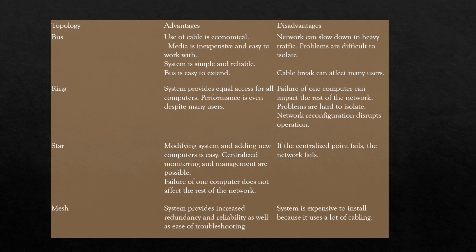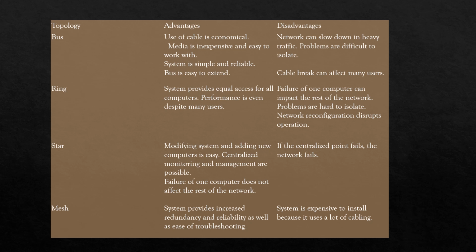The advantages of star topology: centralized management and monitoring. Troubleshooting is easiest in this. Failure of one computer does not affect the rest of the network. But the main disadvantage is that if the centralized point, that is your hub, fails, the whole network goes down.